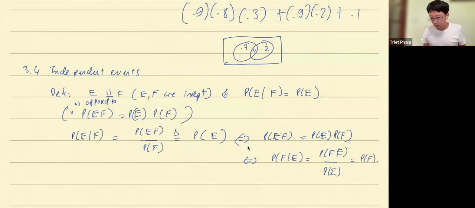So in other words, if two events are independent of each other, then when you condition on one of them, doesn't matter which one, the other probability doesn't get changed. Or the knowledge of one doesn't help you with the knowledge of the other.